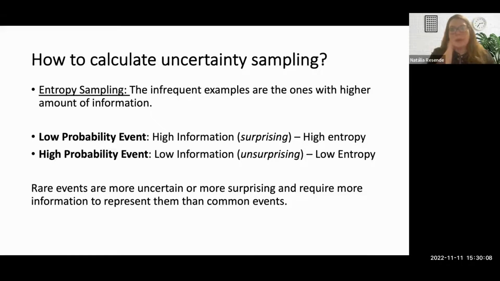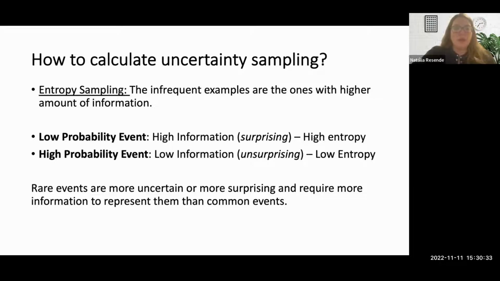So a low probability event has high information; it is surprising. The infrequent events are the most surprising ones, right? And consequently, they are the events that have higher entropy scores.